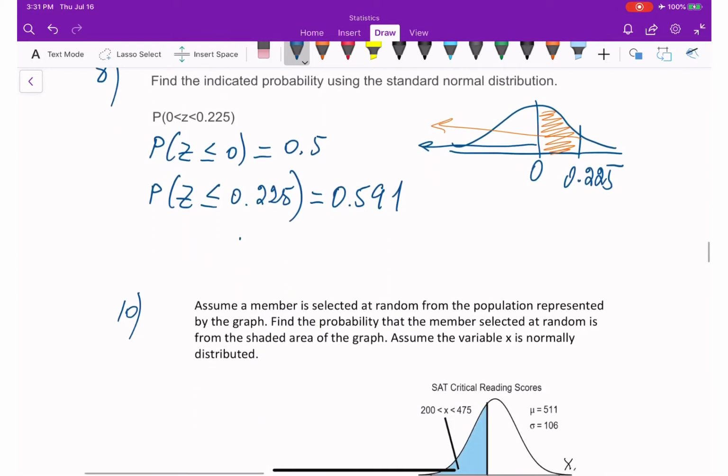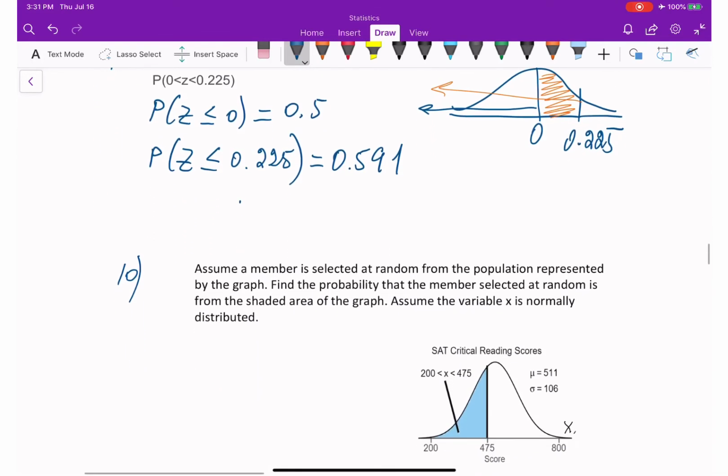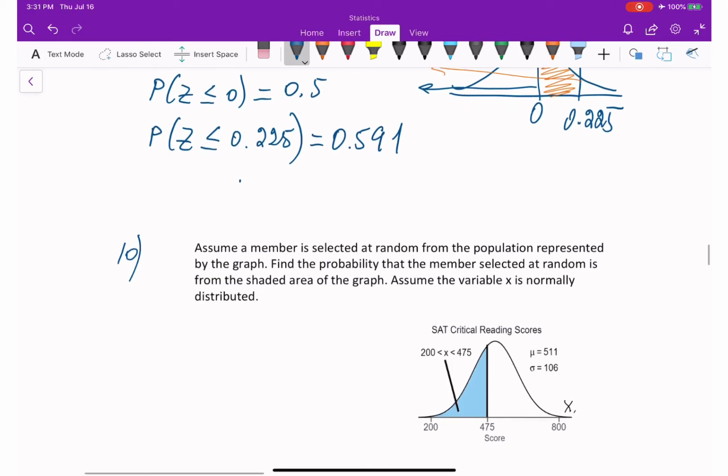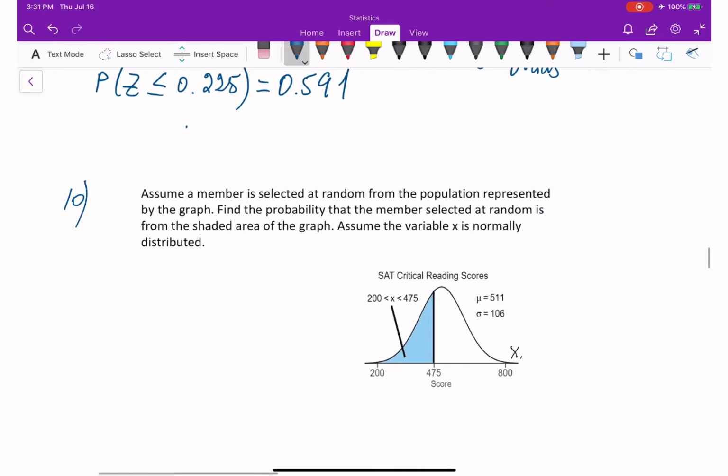Okay, question number 10. Let's solve question number 10. So what do we have? Assume a member is selected at random from the population represented by the graph. Find the probability that the member selected at random is from the shaded area of the graph. Assume that the variable x is normally distributed.